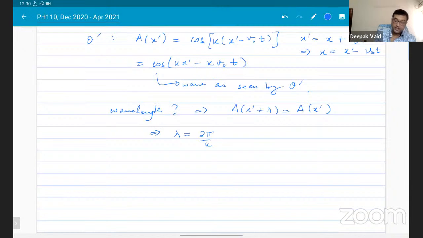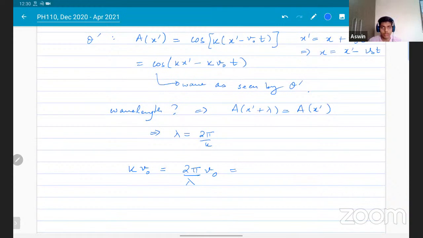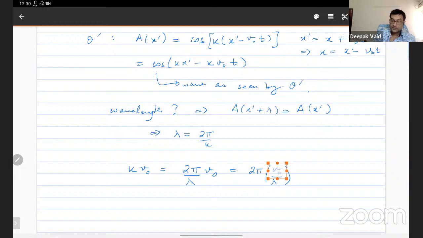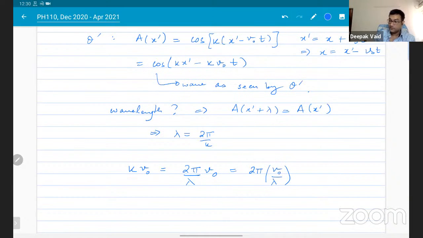What about this quantity k times v naught? K times v naught is equal to 2 pi by lambda times v naught, which is equal to 2 pi times v naught by lambda. v naught is the speed of the wave, lambda is the wavelength, right?